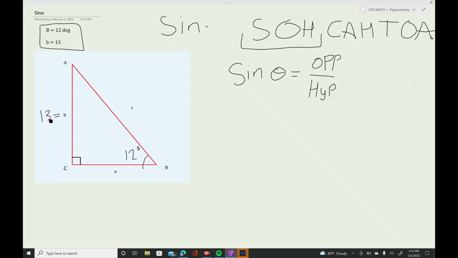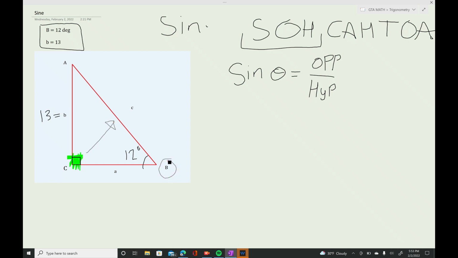If you ever get confused on how to use SOHCAHTOA, I would do this. Where this right angle is, I'm going to highlight it in a different color. If you shot an arrow directly across, that's going to tell you where your hypotenuse is.